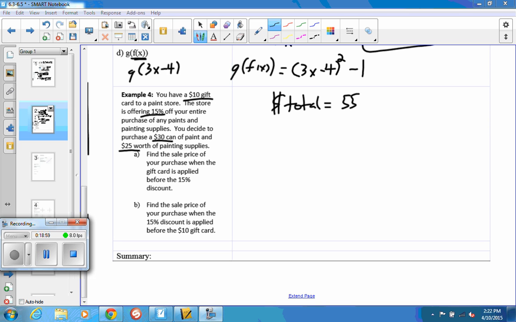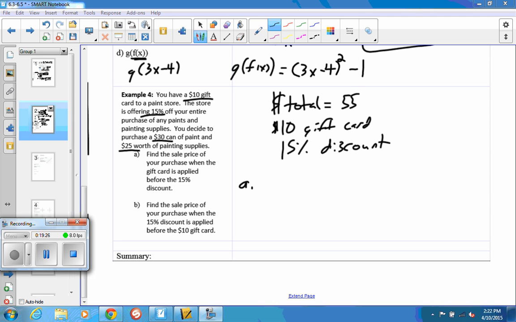Okay. I've got a $10 gift card. And I can't just immediately subtract that because the problem asks me to subtract it one time before the discount and one time after. And I know I've got a 15% discount. So for A, find the sale price when the gift card is applied before the 15% discount.